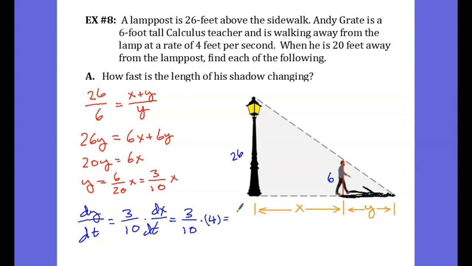And 12 over 10 simplifies to 6 over 5. And our units are feet per second. So just to clarify, dx/dt was the rate of change of x. dy/dt was the rate of change for the shadow.